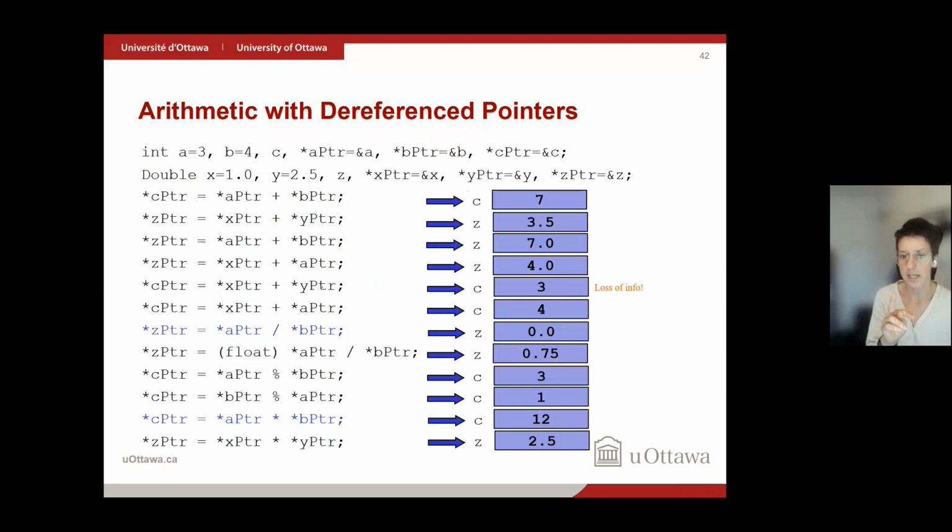So we need to notice when we're going to have loss of information, okay? We upgrade everything on the right-hand side of the equation, but if we have a double on the right-hand side and an int on the left-hand side, it'll get downgraded from a double down to an int, so just beware.